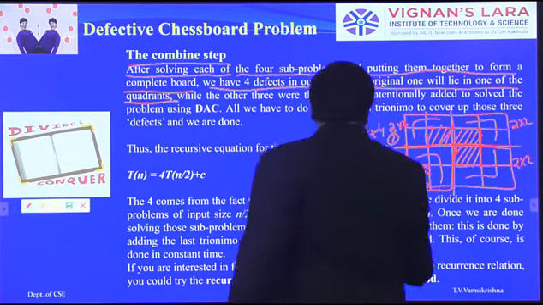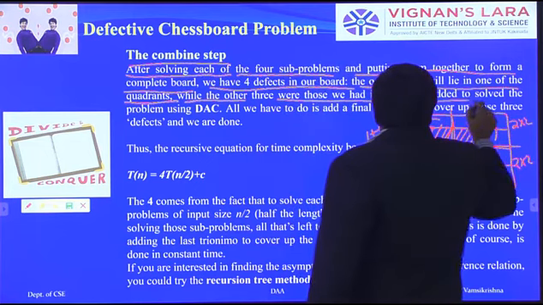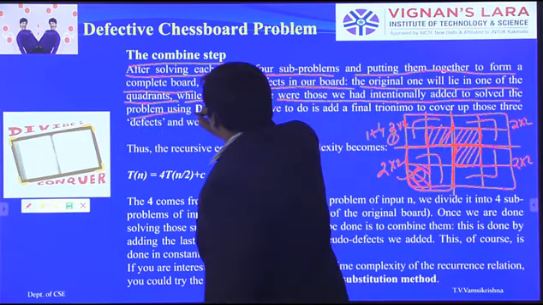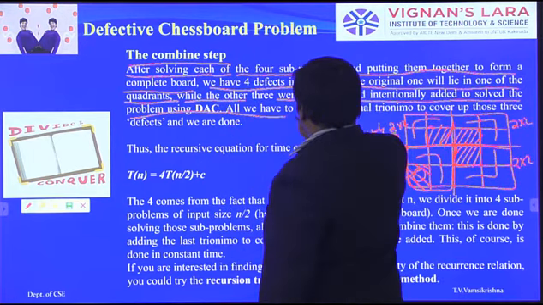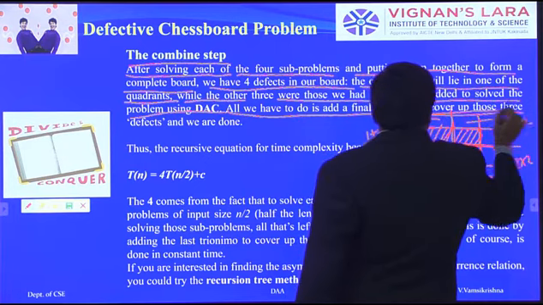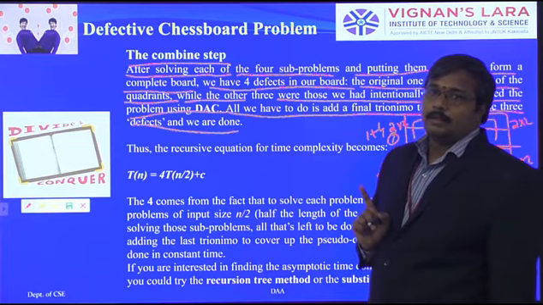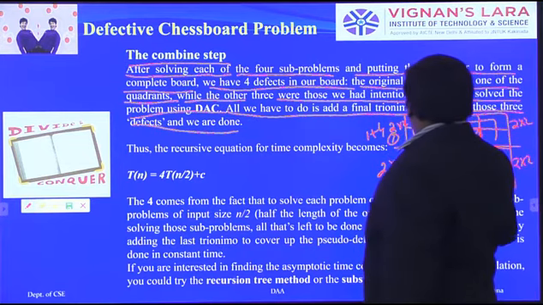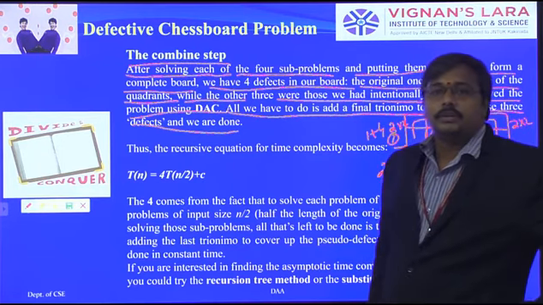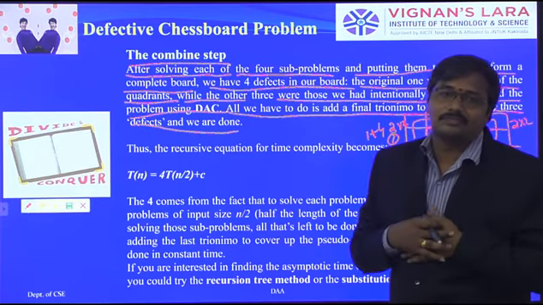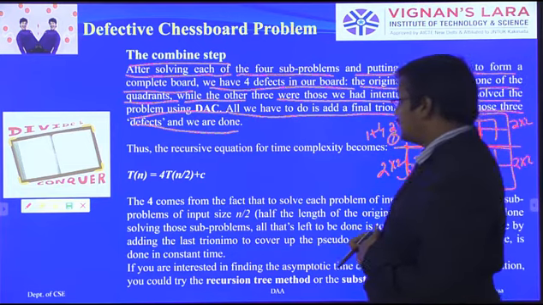The other 3 we have intentionally added to solve the problem using divide and conquer. All we have to do is use a final triamino to cover those 3 defects and we are done. It means that the 3 defective tiles should be connected as one triamino shape. Then automatically the problem is solved. So this is the combine step concept.